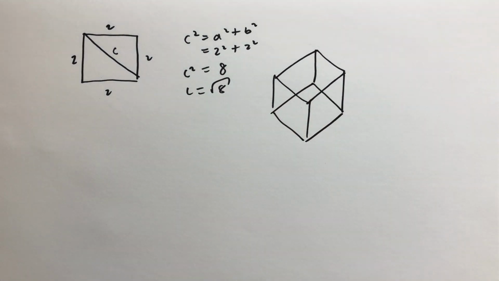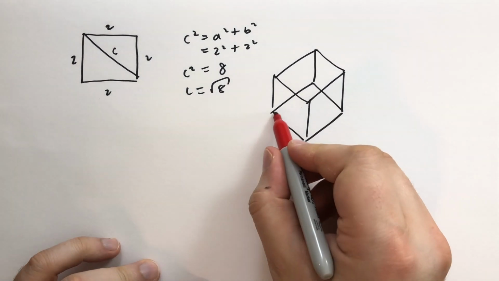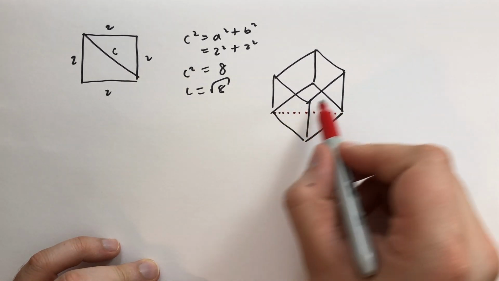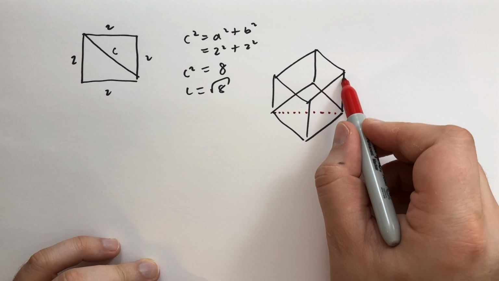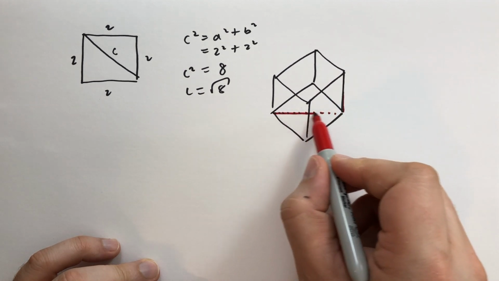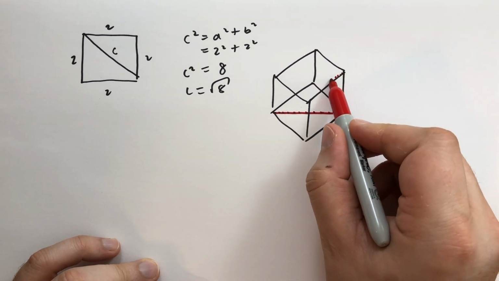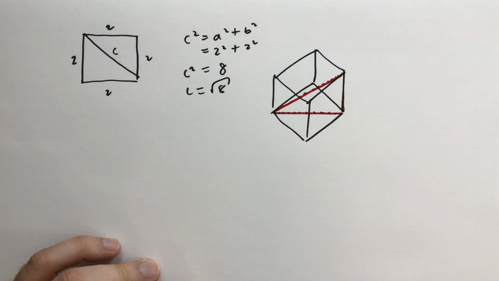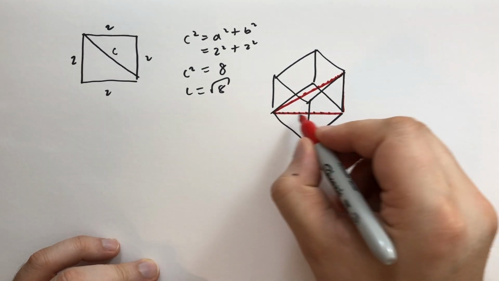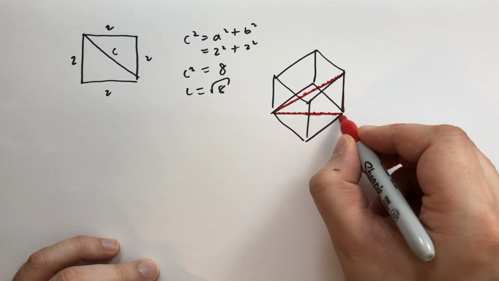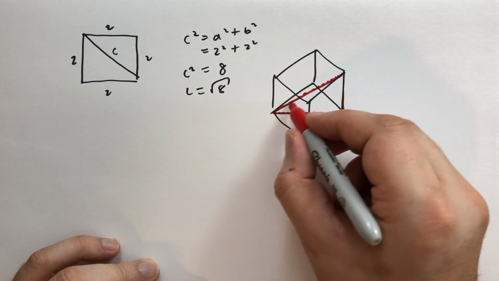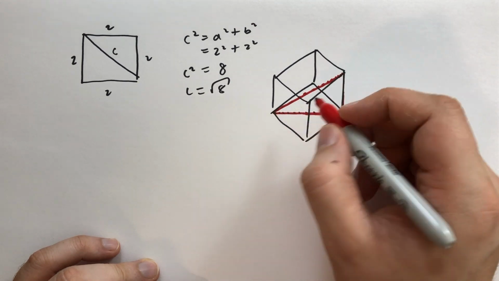Now, if I were to calculate this diagonal here, and then consider the shape that has this diagonal as one length, and then goes from here to there, I first calculate this diagonal, and then we have a rectangle with side here, side here. This is the diagonal of the cube, okay?